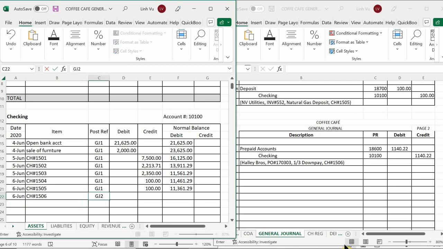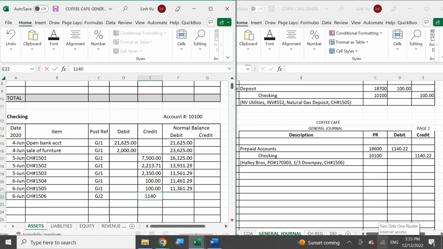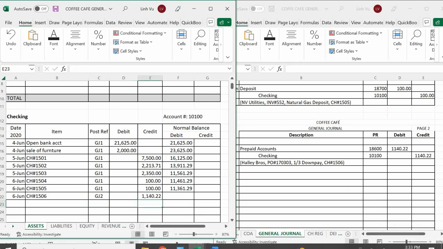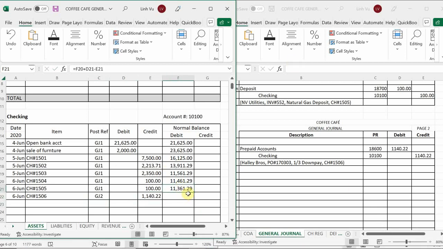This time we're on journal page 2. Okay? And I wrote another check for $1,140.22. So in this case, that means I should be decreasing my account by $1,140. So therefore, I'm going to go from $11,361 down to $10,221. Okay?